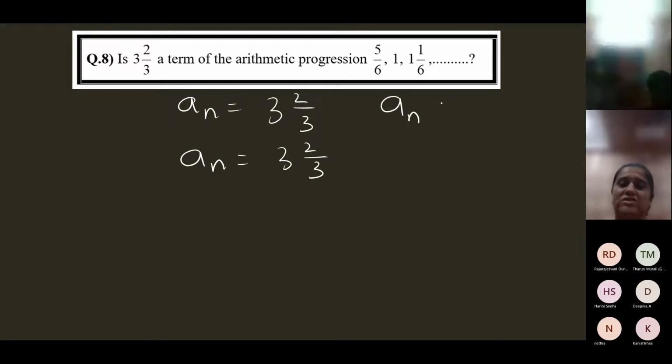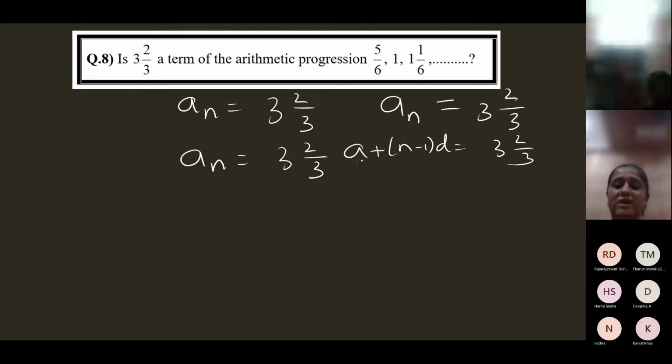So let some nth term of the AP be 3 2/3. And we'll work this. That is, an means a plus n minus 1 into d is equal to 3 2/3. And we know the values of a and d. You know the first term, you know the common difference. So you can find n. You can work this equation and find the value of n.